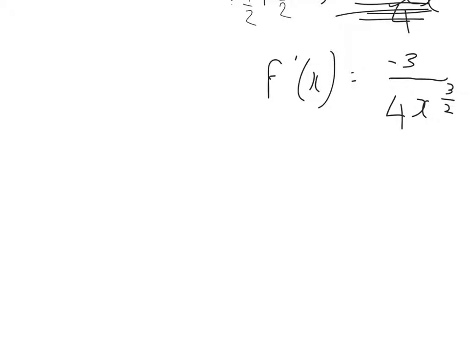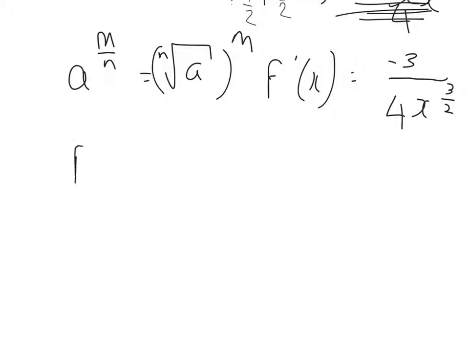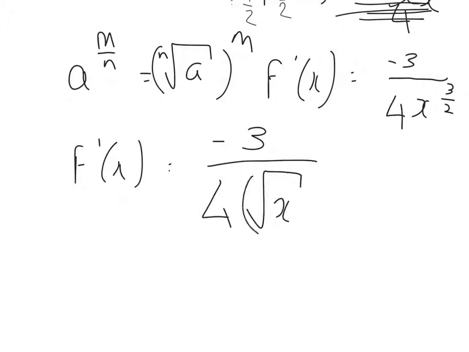I can then reintroduce the root sign using the rule of indices, which is a to the m over n is the nth root of a to the power m. So that will be minus 3 over 4 lots of the square root of x cubed.